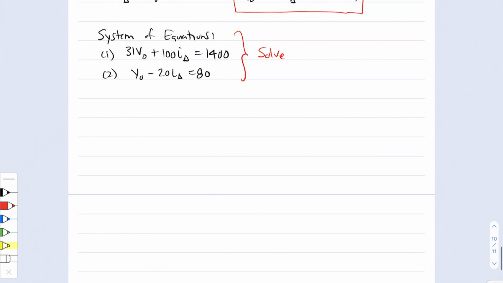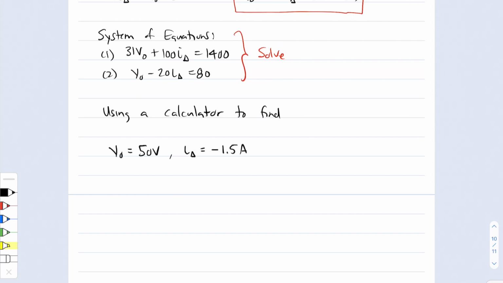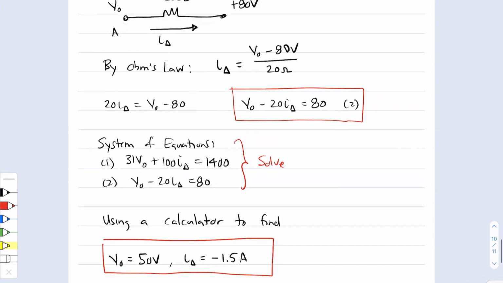My favorite technique is to throw into a calculator. So using a calculator, which I did previously, you will find that V naught is equal to 50 volts. And as an added bonus, that I sub delta is equal to minus 1.5 amps. And we have our solution.